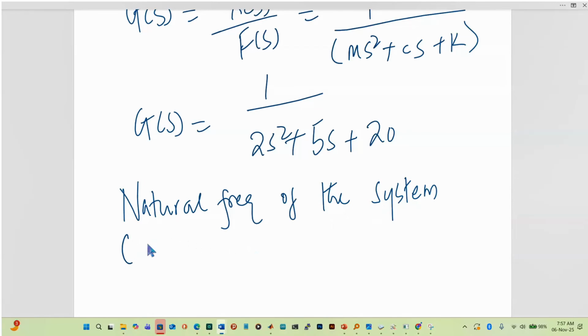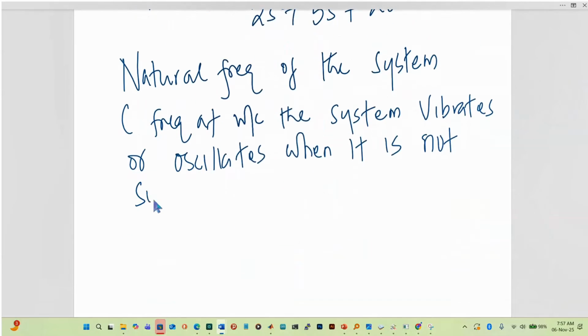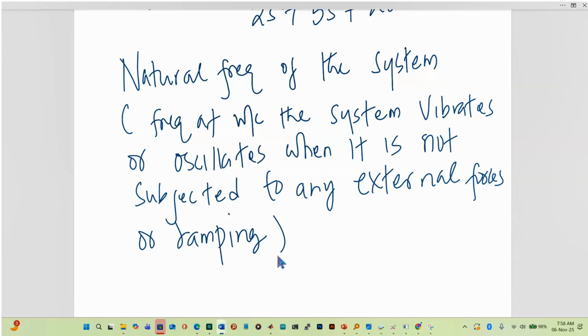Next, we also needed to get the natural frequency of the system. The natural frequency is defined as the frequency at which the system vibrates or oscillates when it is not subjected to any external forces or damping, or when it is not damped.